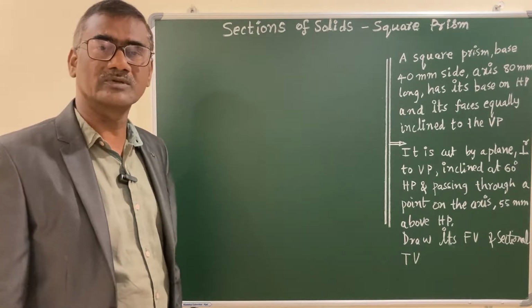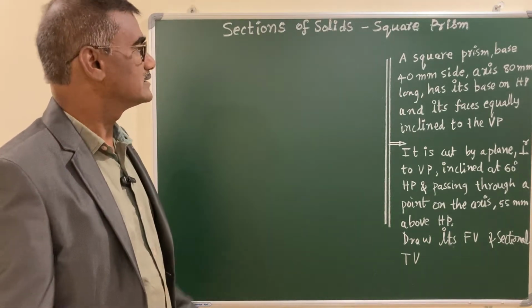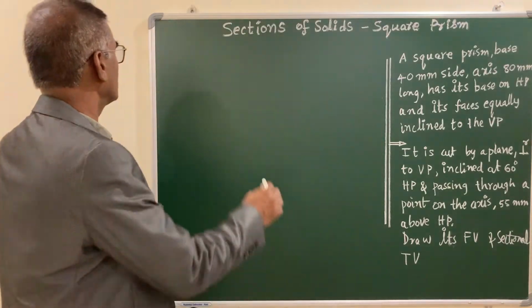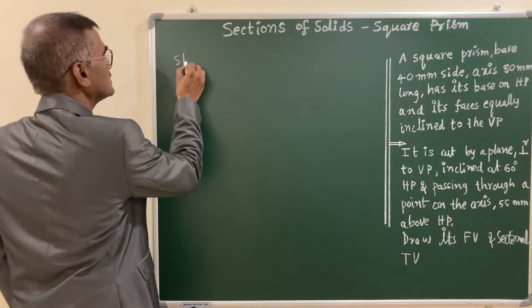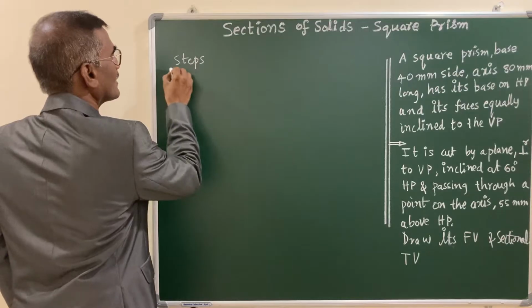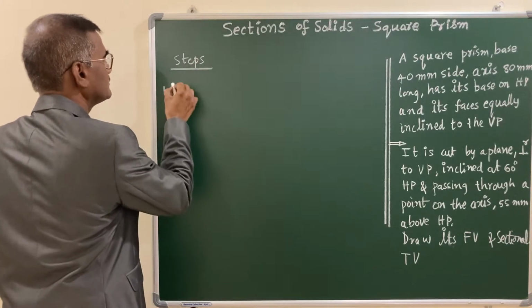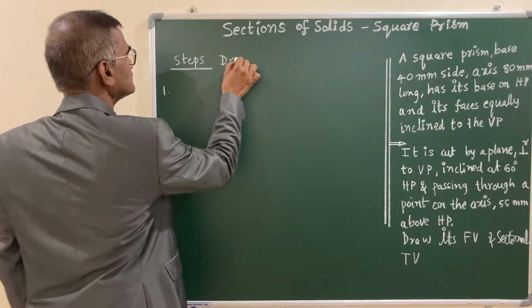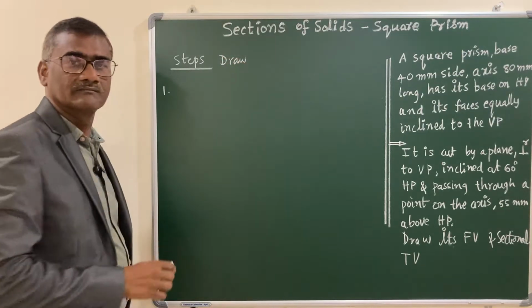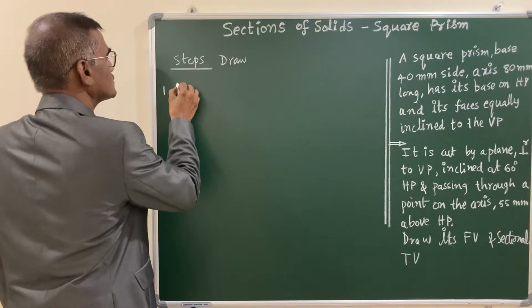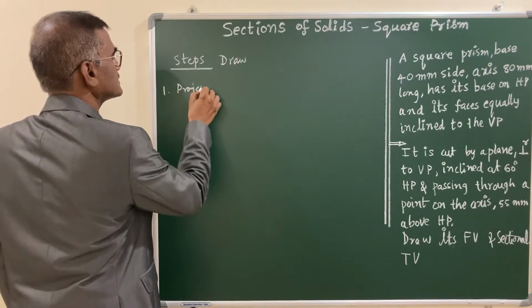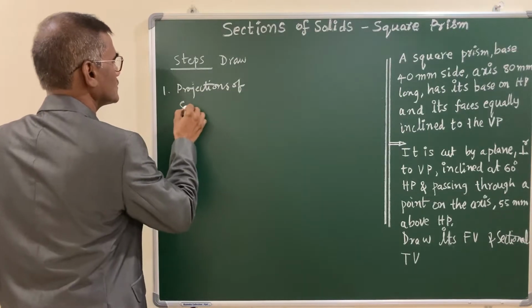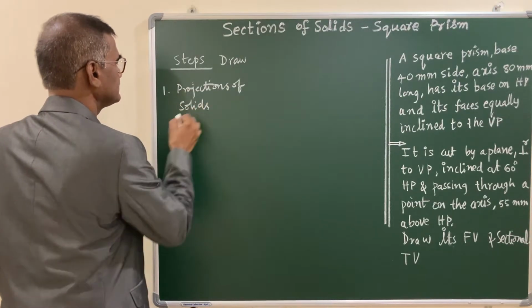So let us understand the procedure clearly, and this we are going to solve exactly in three steps. The steps involved in this, let me list out the steps. The first step is draw the projections of the solids in simple positions. This is the very first step.